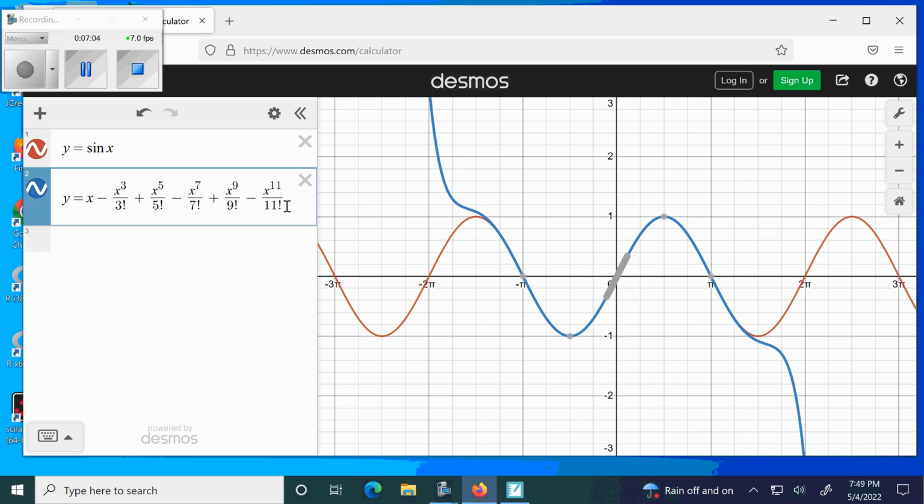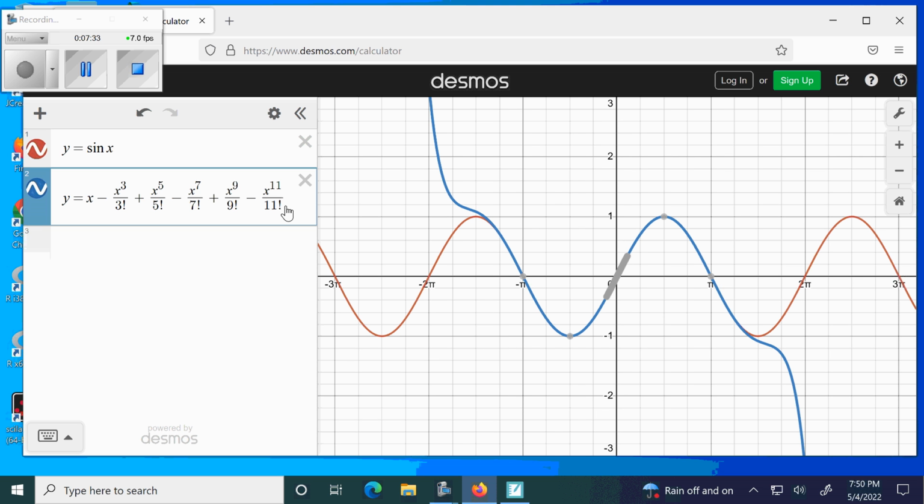So this Maclaurin expansion, which is x minus x cubed over 3 factorial plus x to the 5th over 5 factorial minus x to the 7th over 7 factorial plus x to the 9th over 9 factorial minus x to the 11th over 11 factorial, is the first 6 terms of the series.